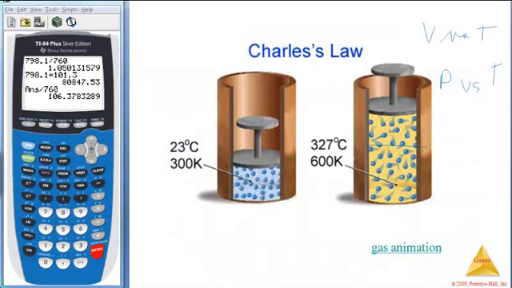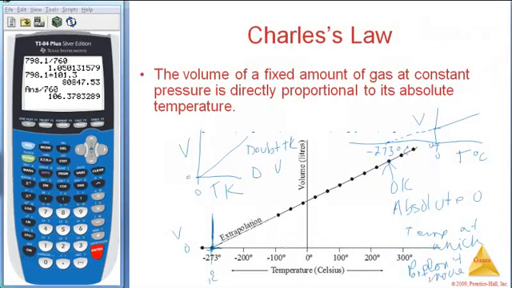You can see back on this diagram we are doubling, going from 300 K to 600 K. Here it is directly proportional, so if I double my temperature, I also double my volume, and that's what you see happening here. Okay, but the temperature went from 23 C to 327. I've got to get it in Kelvin to see whether or not I can make that assumption about doubling or tripling along with the temperature.